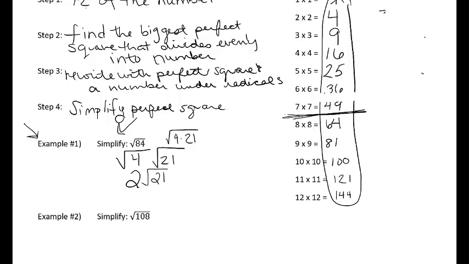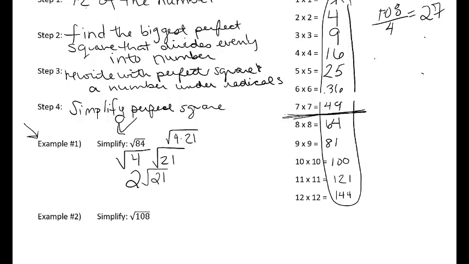What I've had some students say before is that they actually work backwards because you're trying to find the biggest perfect square. So I think 4 might divide evenly into 108, but so do other numbers along this list. So a lot of people will accidentally stop at 4 but not realize there's more to come.